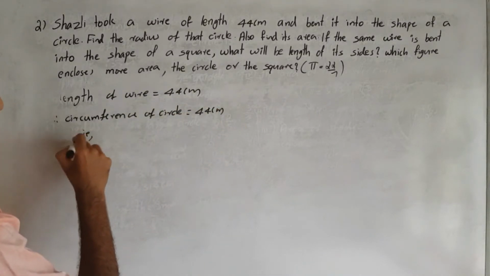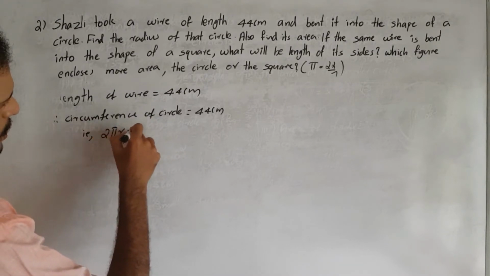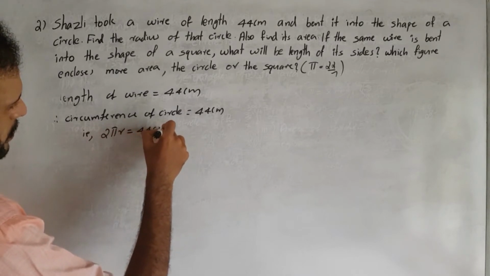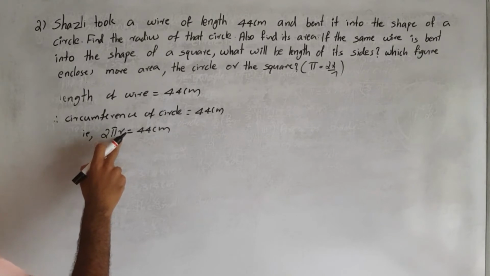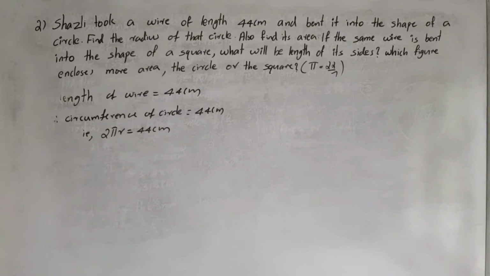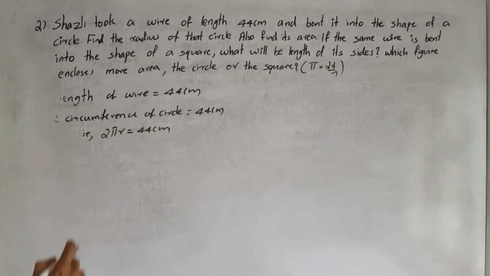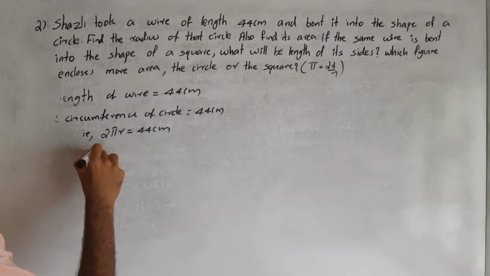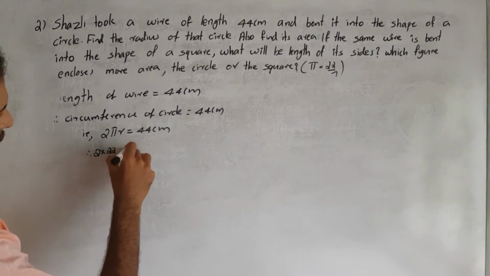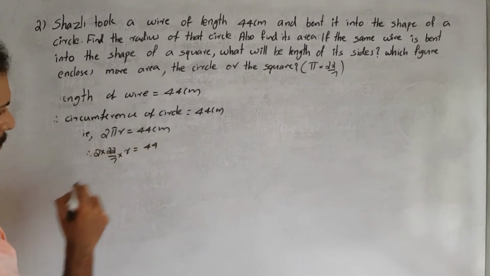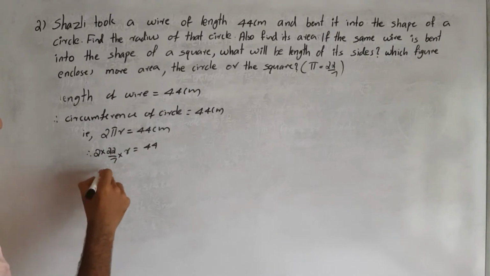What is the equation of circumference of circle? 2 pi r. 2 pi r is equal to 44 centimeter. Okay, the first question asked to find the value of r, radius. So next we substitute the value of pi. Here is given the value of pi. Pi value is 22/7. Then therefore 2 into 22/7 into r is equal to 44. Then we multiply 2 and 22, what do we get? Yes, 44.